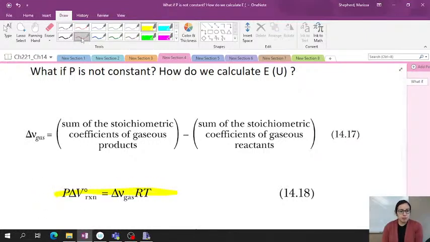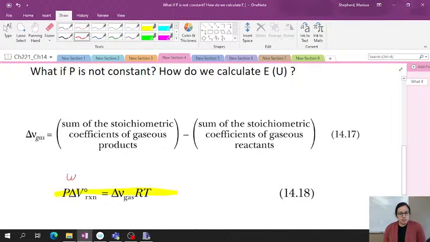So previously, right, we had said our work done was just our pressure times our change in volume. But now, what if we have a difference in pressure? So we're either, right, making or destroying molecules of gas. So that would be one way to get our change in pressure.